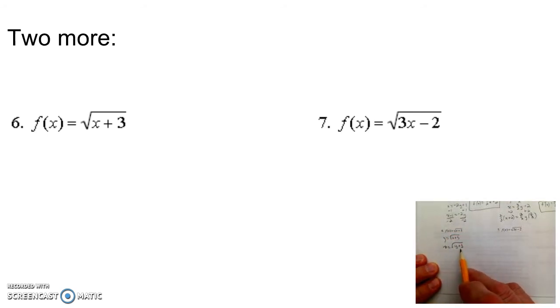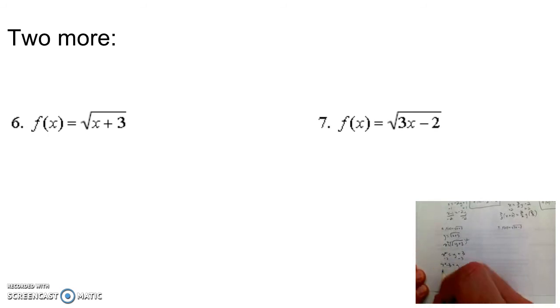Now remember, I can't just go subtracting 3 on both sides because this is underneath the radical sign. So I'm going to square both sides. x squared equals y plus 3. So now subtracting 3 on both sides. x squared minus 3 equals y. We're going to replace the y with f inverse of x.